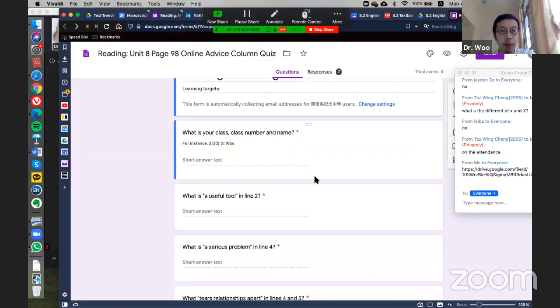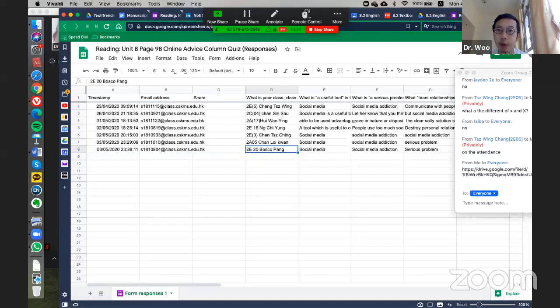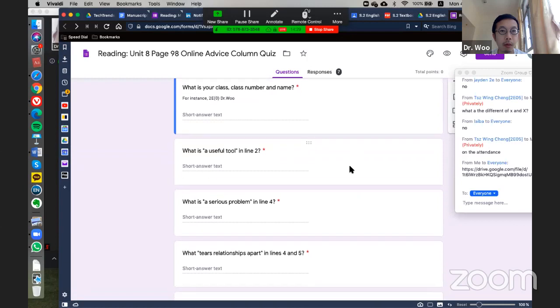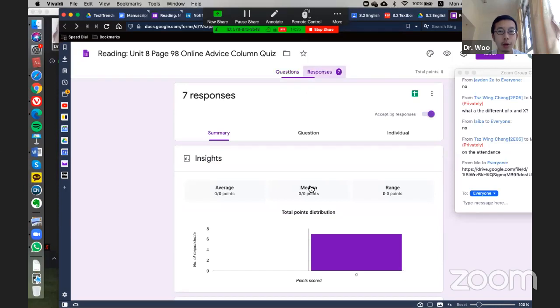Okay, so people were able to put their names, classes, and class numbers. Looks pretty good. What is a useful tool in line 2?